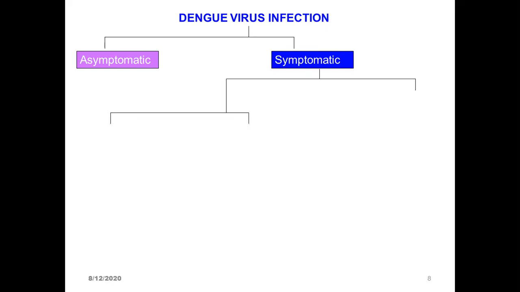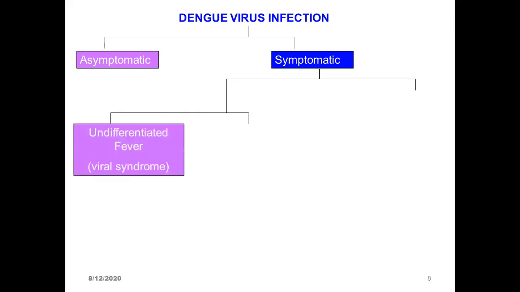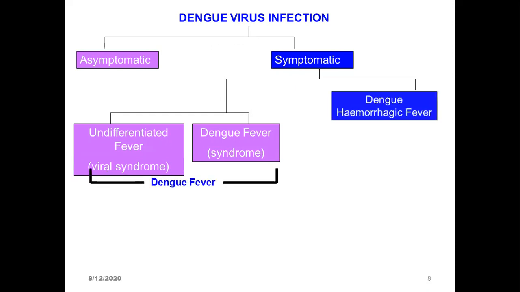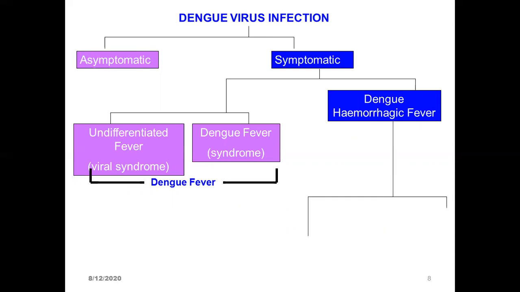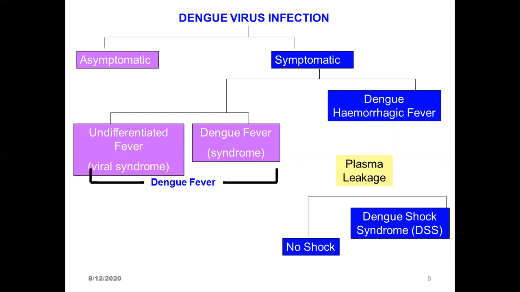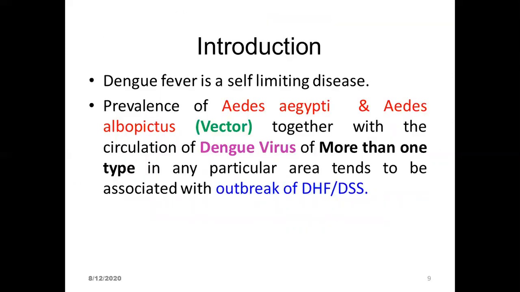And the symptomatic dengue virus infection will lead to dengue fever or dengue fever syndrome, and the other, it will lead to dengue hemorrhagic fever, and if there is a plasma leakage, it will lead to dengue hemorrhagic fever without shock and dengue hemorrhagic fever with shock, that is known as dengue shock syndrome. So these are the two consequences of dengue hemorrhagic fever.